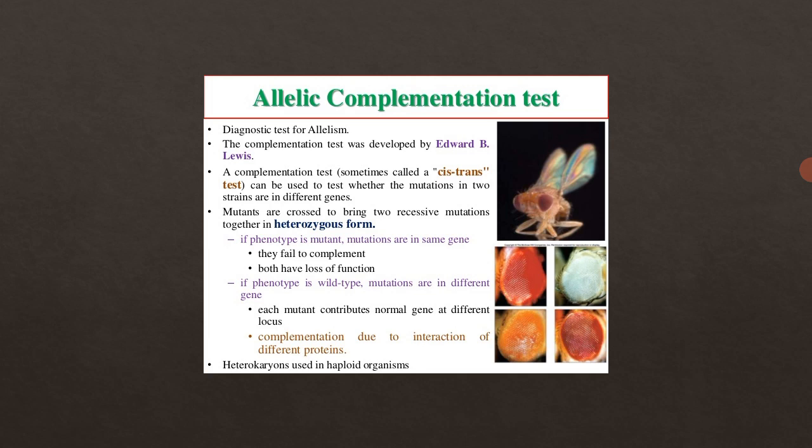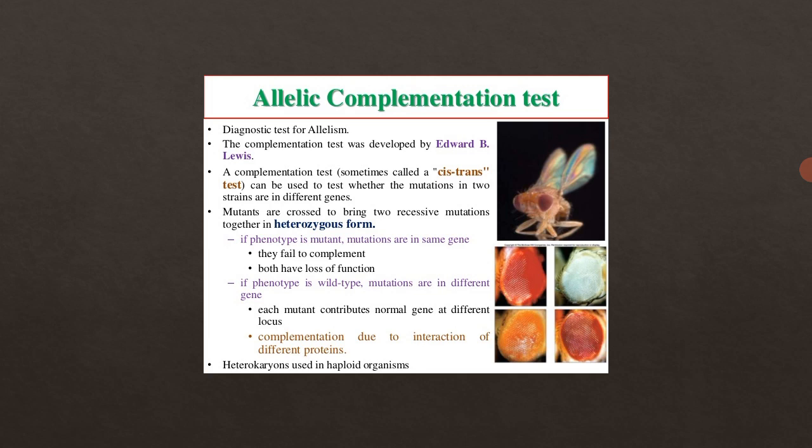So if we carried out a complementation test and we got the progeny cells, a positive result, then we can say the genes responsible for causing mutation are present at different genes, not in the same gene. If we have a mutation X and mutation Y, and a gene segment labeled A, and both mutations are present in the one gene, then it is not going to work.